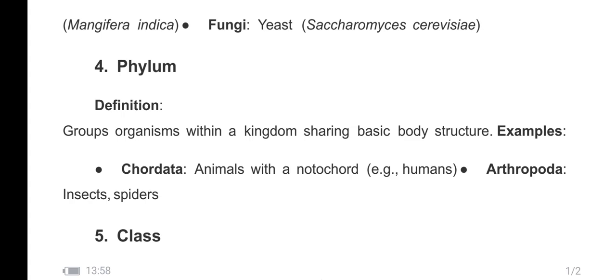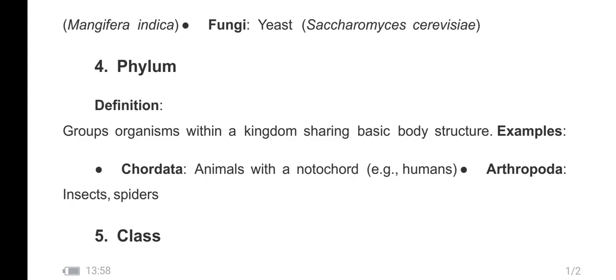The main thing is that when we are looking at a kingdom, we are generalizing. When we say fungi, there are a lot of fungi that we might have. If you see names such as Mangifera indica, these are names which begin with the genus plus species name, which we are going to look at in the next chapter.